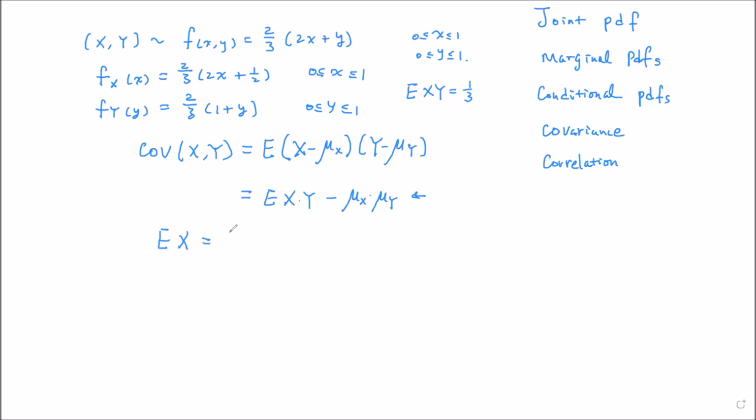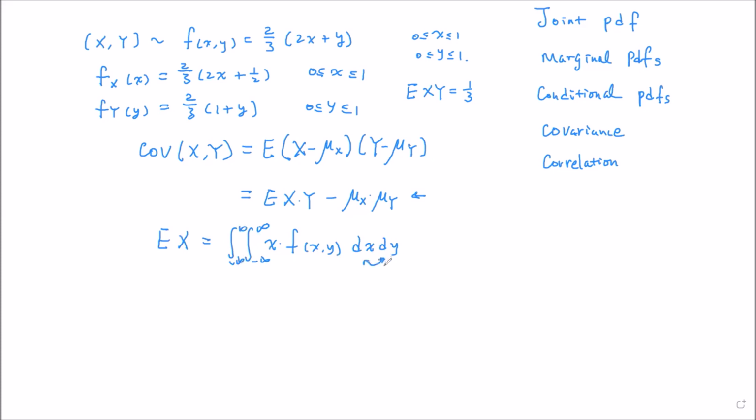According to the theorem, it should be the double integral of x times the joint PDF, dx dy or dy dx. It doesn't really matter. It's negative infinity to infinity, and negative infinity to infinity. And then you're going to switch the order to dy dx.